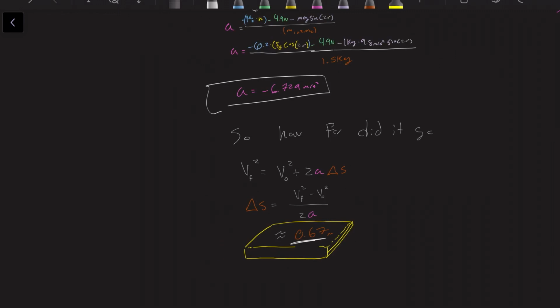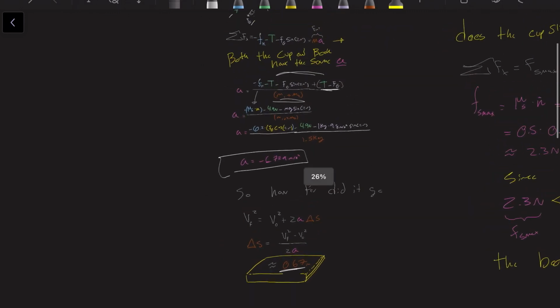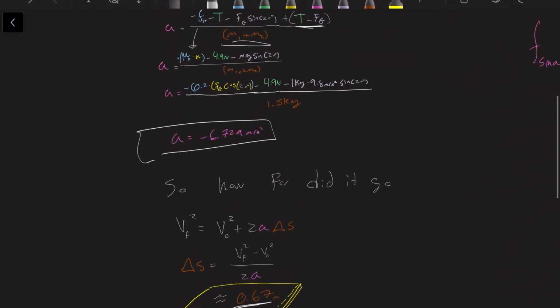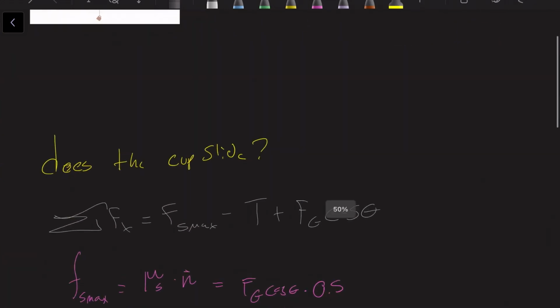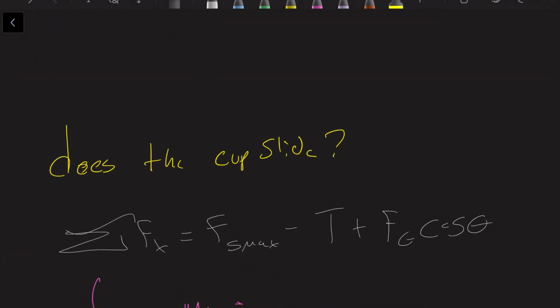The next part of the question is, does the book slide back down? This should actually say, does the book slide? The cup will also accelerate if the book slides, but that wasn't the question.